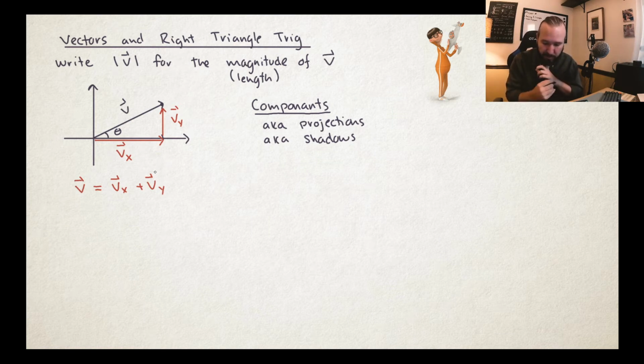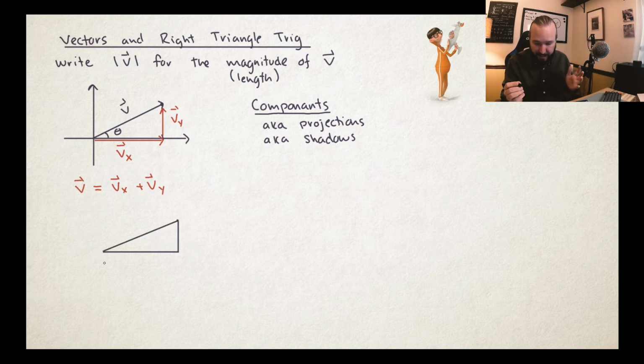Okay, so let's just use SOHCAHTOA to set this up. So the actual arrow there is the vector, but if I pull these lengths out of this triangle, then they're no longer vectors, now they're just lengths. So I'm going to write the magnitude of v right there, and the magnitude of v sub y, that's just the vertical part of the vector, and then the magnitude of v sub x, that's the horizontal part of the vector.